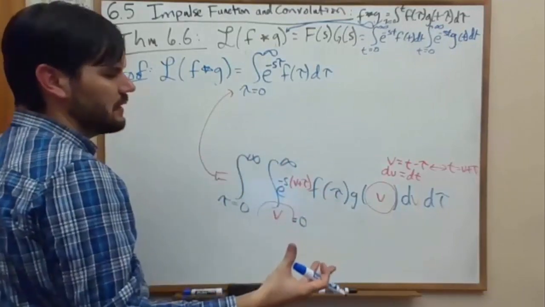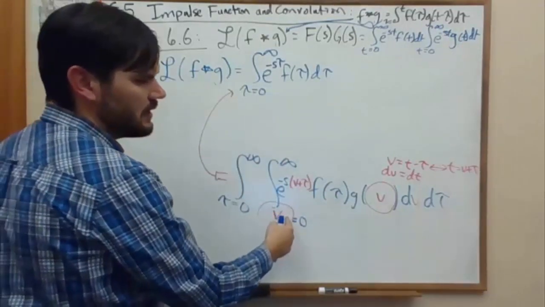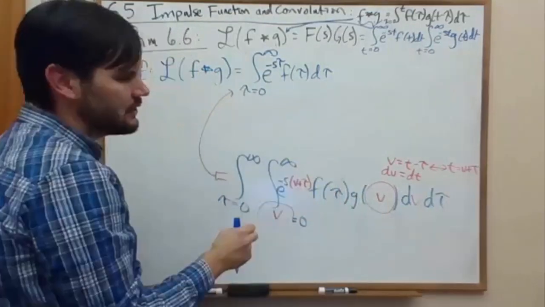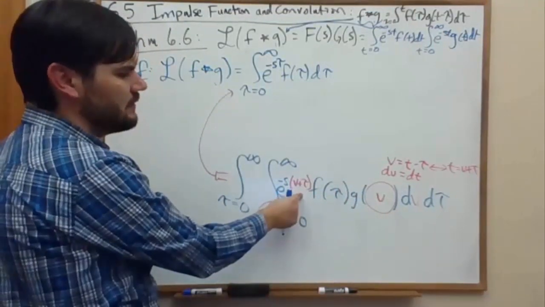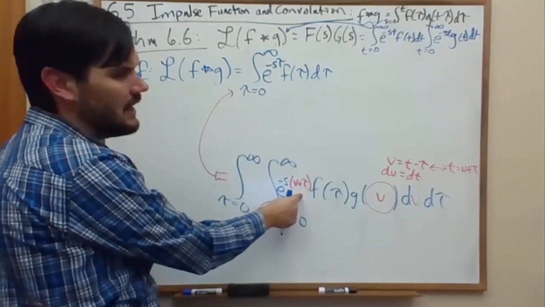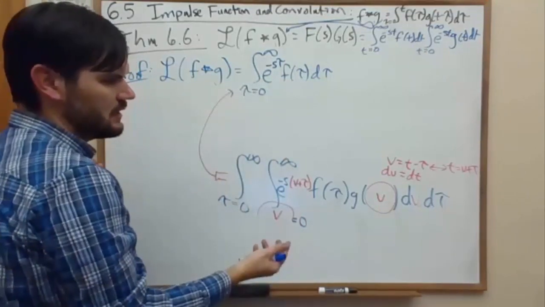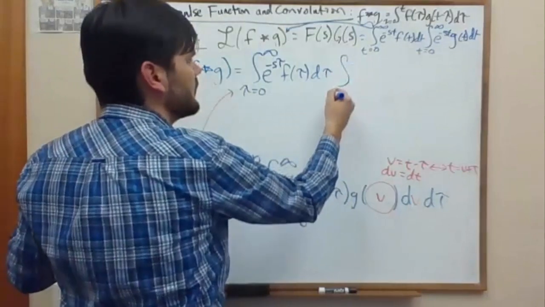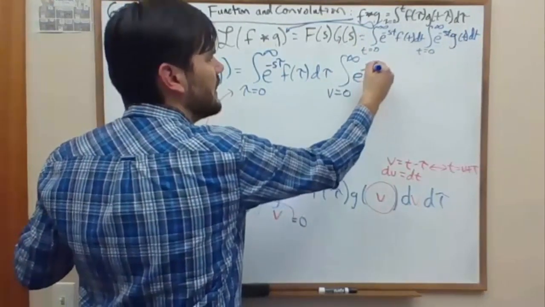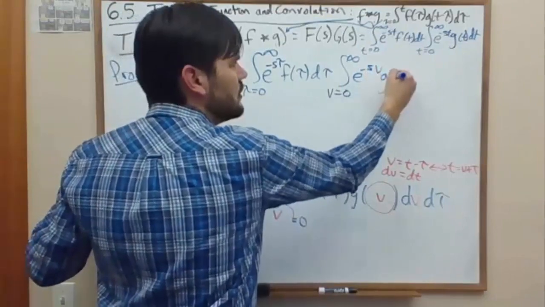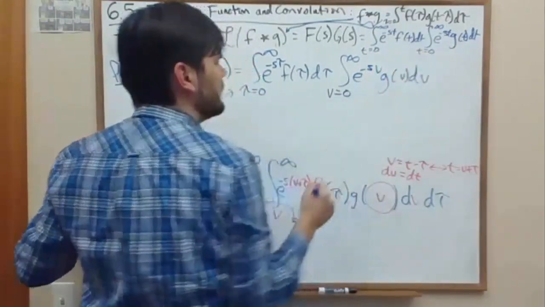And then another way to think about it, since I'm integrating in terms of v on the inside integral, I can factor out an f of tau, because that's treated as a constant, and I can factor out an e to the negative s tau, because that's also treated as a constant, and I'm left with the integral from v equals 0 to infinity of e to the negative s v g of v dv.